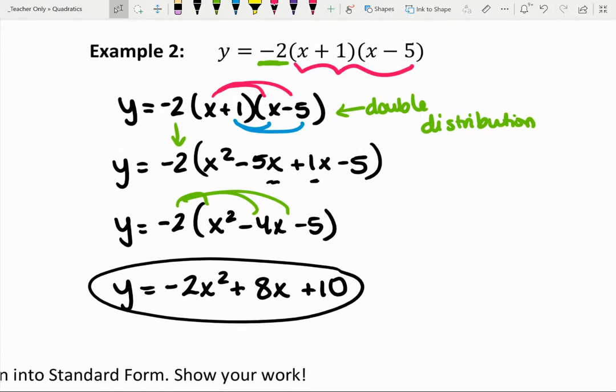If you have an a value that's not equal to 1, I'm going to suggest that you multiply it last. After you multiply the other two terms, multiply that a last, just so that you can focus on everything else and you don't get things all mixed up.